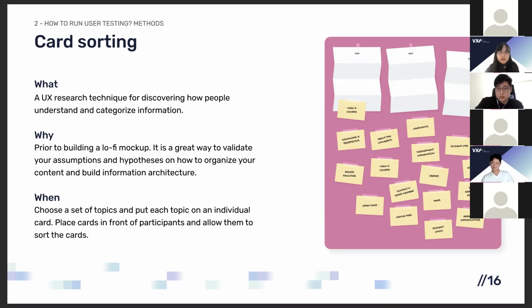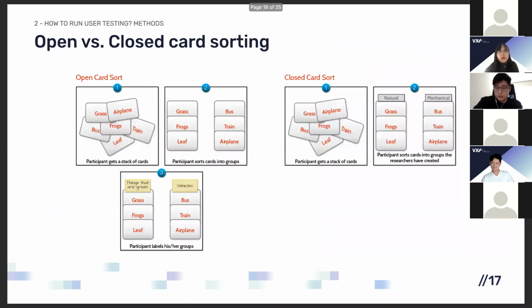How it is done is to have a facilitator place the concept on the card and allow participants to sort the cards. And typically the facilitator would ask them to explain their logic behind how they sort the cards. There are two types of card sorting, and they're used for different purposes.